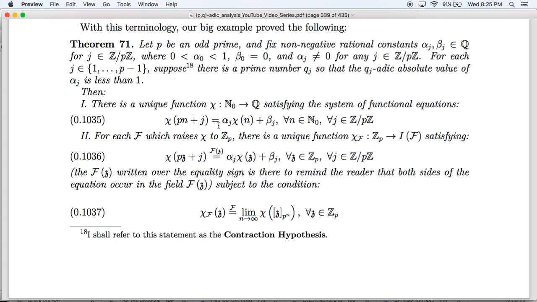Then there's a unique function from the non-negative integers to the rationals satisfying this system of functional equations. And for each frame which raises chi to Z_p, there is a unique function such that this equality occurs, where the F of z on top of the equality tells us that both sides of this equation are occurring in this field. And this uniqueness occurs when we require chi_F to satisfy the limit, that it's the limit of chi of z mod p^n with respect to F.